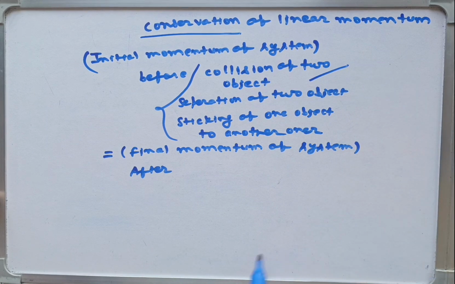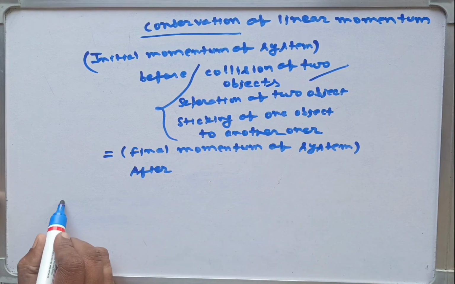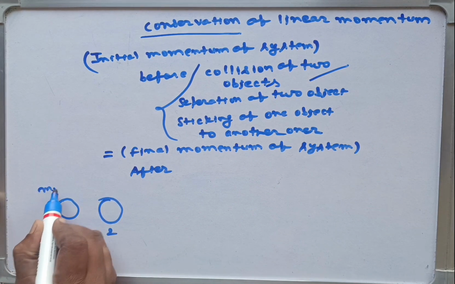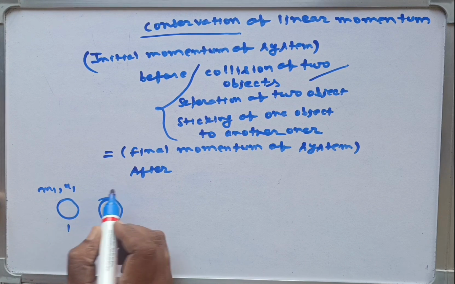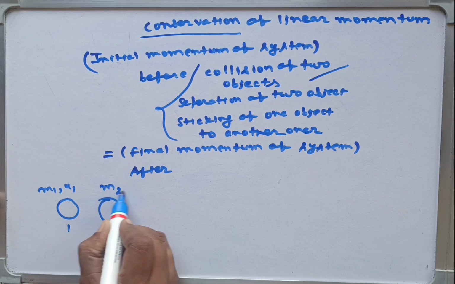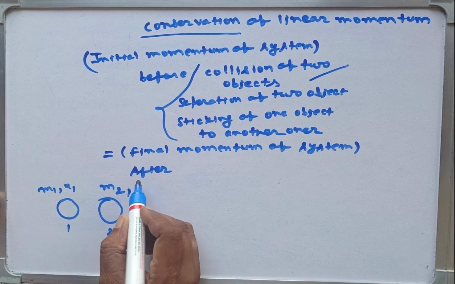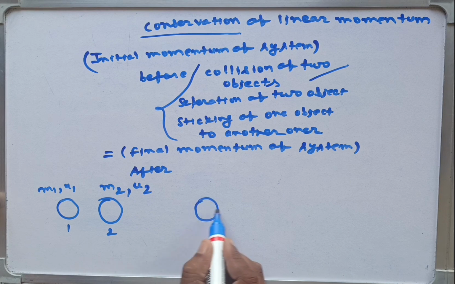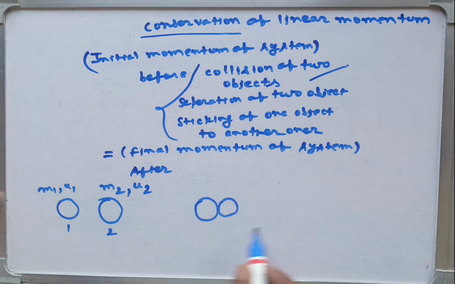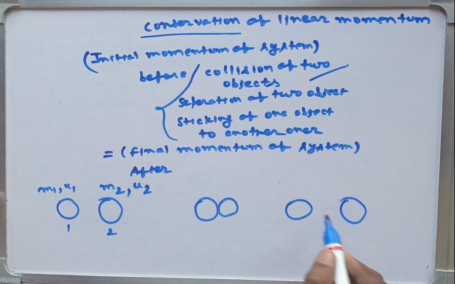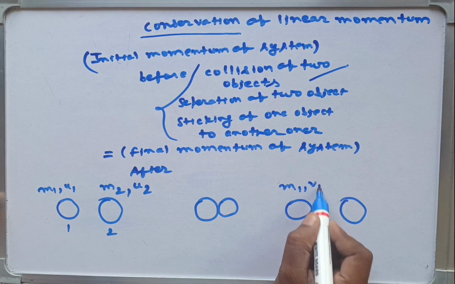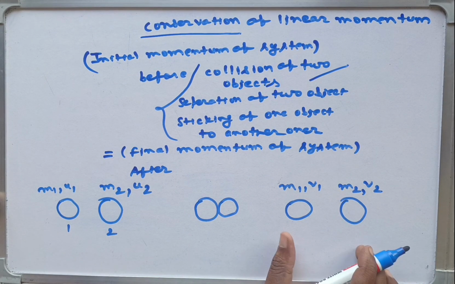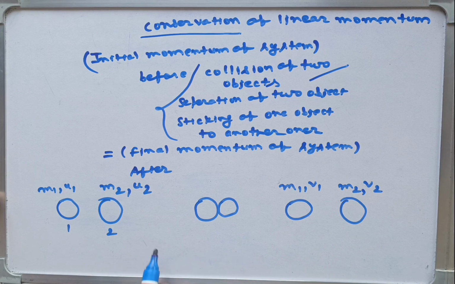Now see this one: collision of two objects. Suppose this one is ball 1 and this is ball 2. The mass is m1 and its initial velocity is u1, and this mass is m2 with initial velocity u2. Now these collide with each other. Then after the collision, suppose its velocity is v1 and its velocity is v2. Then what do you get?